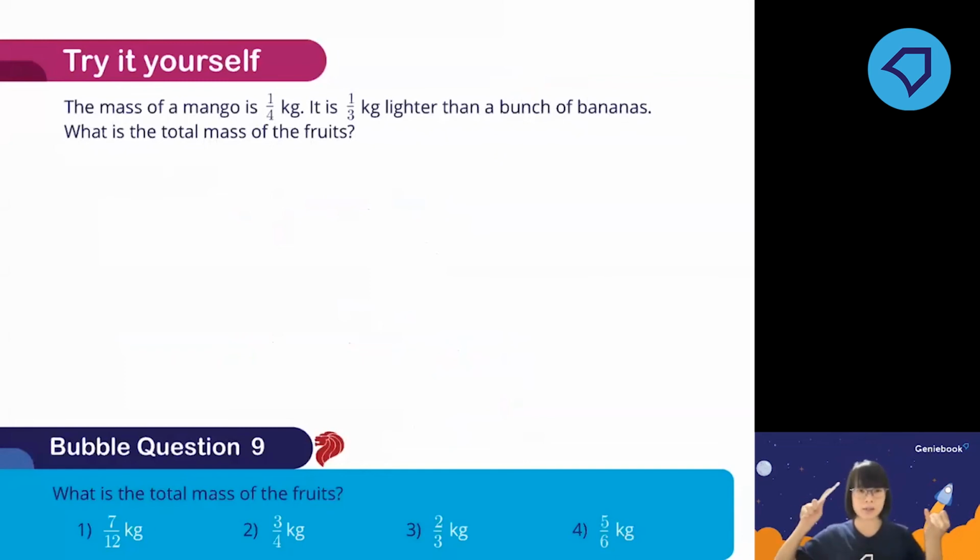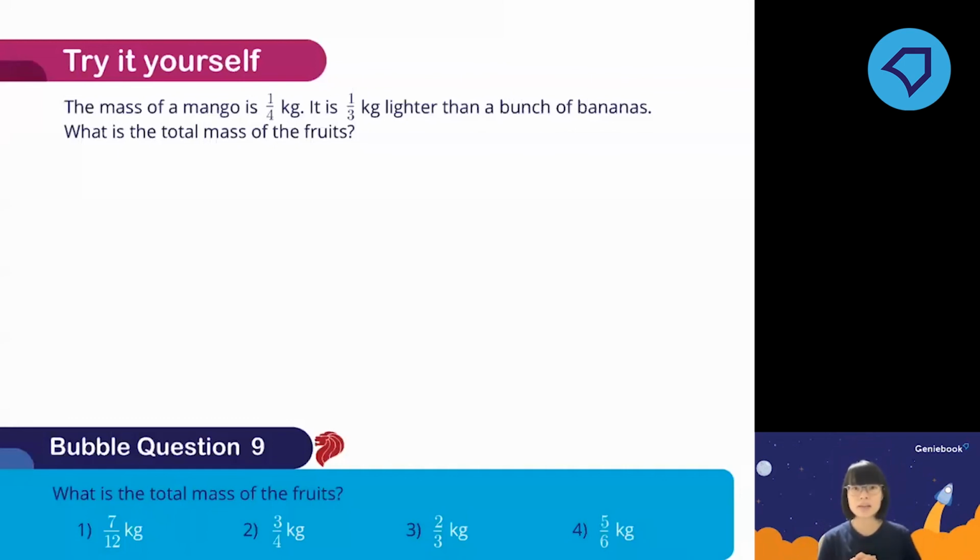You want to find the mass. You know the mass of the mango. You need to find the mass of the bunch of bananas. Is the bananas heavier or lighter? From there, do you need to do addition or subtraction? And then you need to find the total mass of the fruits.